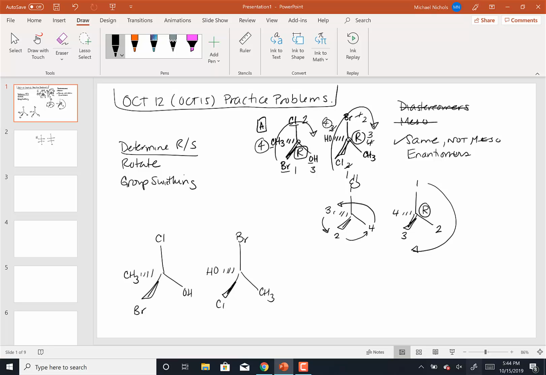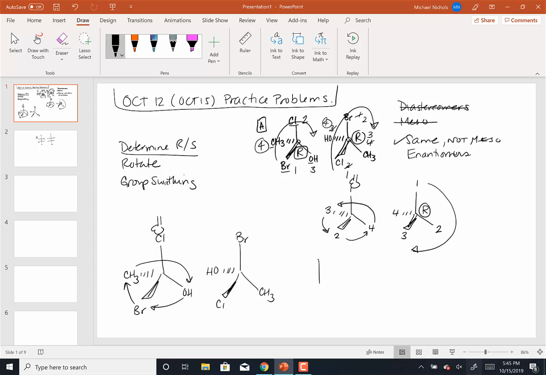I just have to line up groups. So maybe for the molecule on the left, I'll start out by grabbing the chlorine and now rotating the methyl group to the front, the OH over here, and the bromine there.